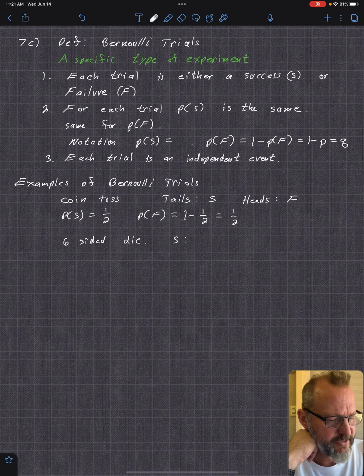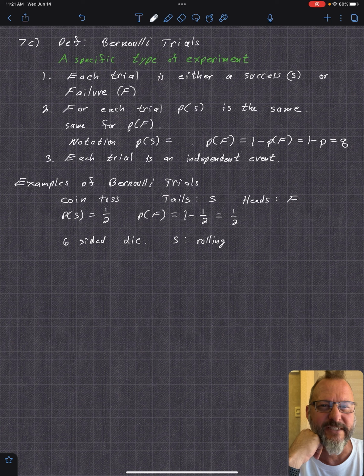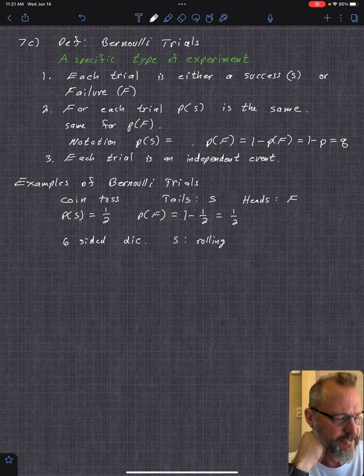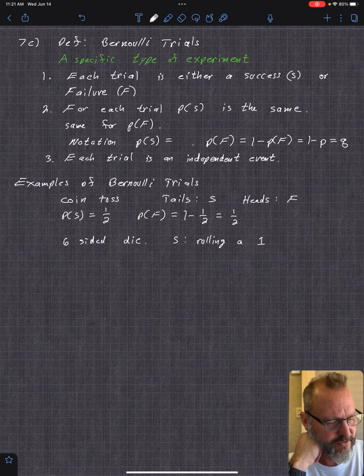So suppose the success is rolling, and I'll try to make it as simple as I can, so I can't do odd or even because it's 1, 2, 3, 2, 4, 6. So those are the same. So we could do rolling a 1. Then the probability of rolling a 1 we know is 1/6.